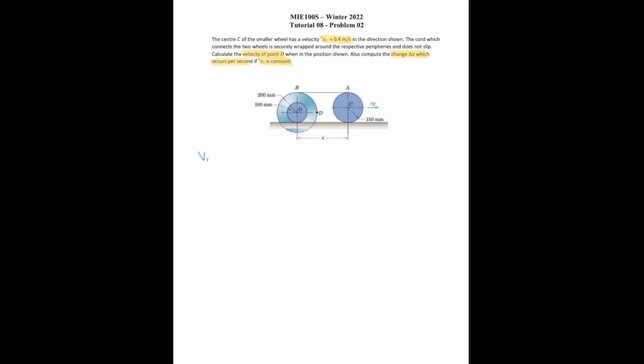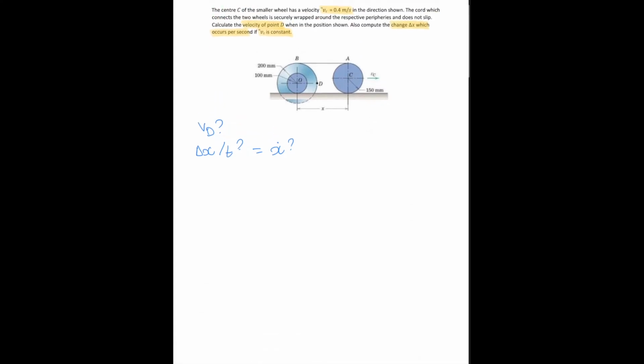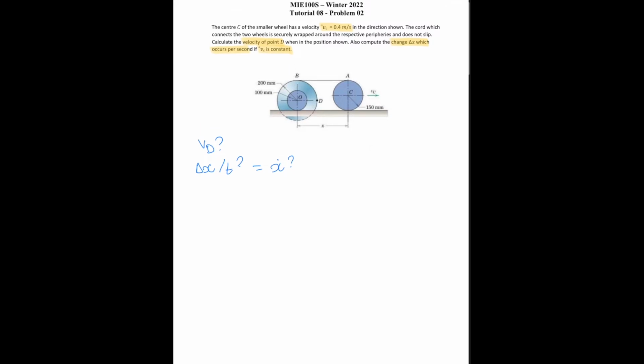So we want to find Vd, and we want to find delta x per time, which means x dot, correct? So first of all, we're going to look at this wheel over here, the center C. Now, Vc is going this way, and since Vc has a velocity, then C cannot be the center of rotation.